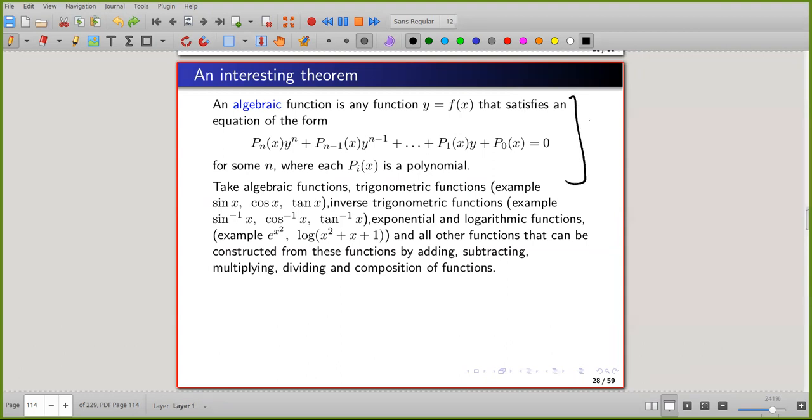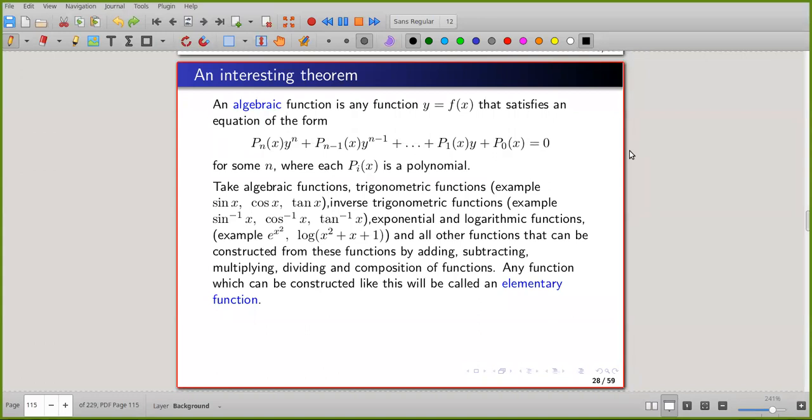These, as you saw, are functions of the type x to the power 3 by 2 or x to the power 5 by 2 plus, I don't know, x to the power 17 by 2 plus 17. Whatever, you can cook up any algebraic functions. And you take algebraic functions, trigonometric functions, the exponential function, the logarithm function, and we construct the set of all functions which can be cooked up out of these.